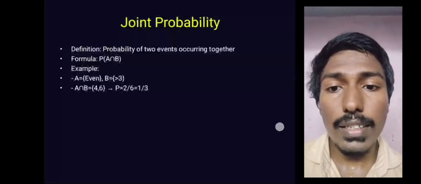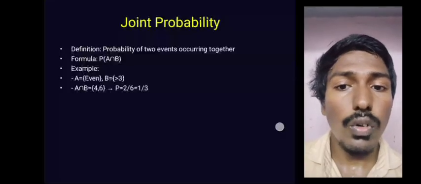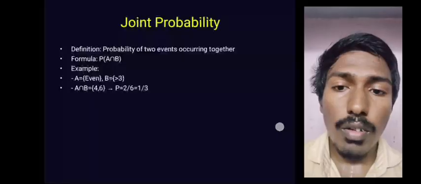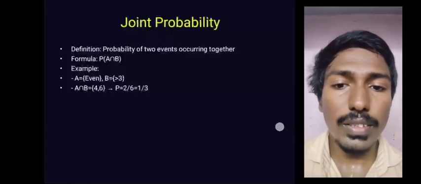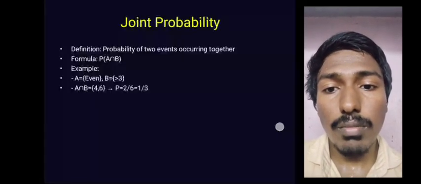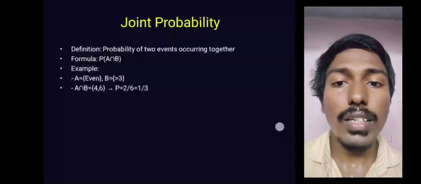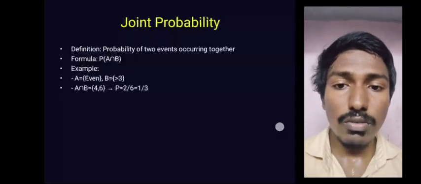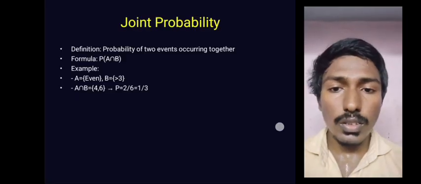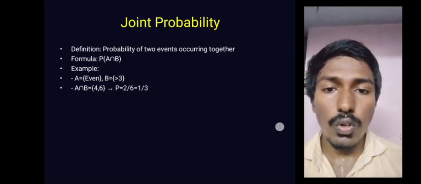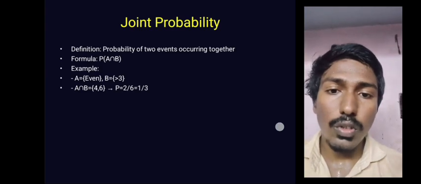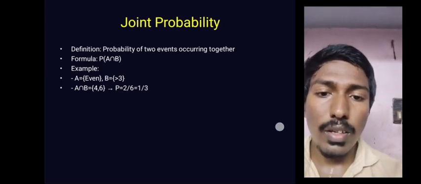Then A intersection B is 4, 6. Here P of A intersection B is 1 by 3, because both conditions are satisfied by 2 outcomes. So 2 by 6 total outcomes is 1 by 3.